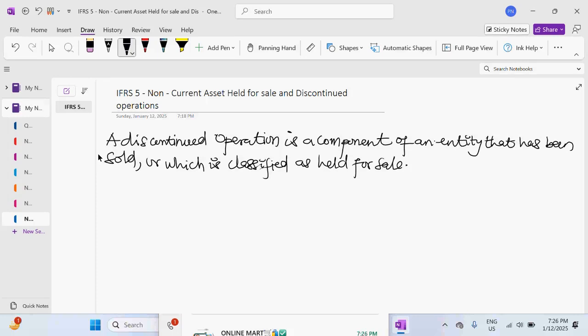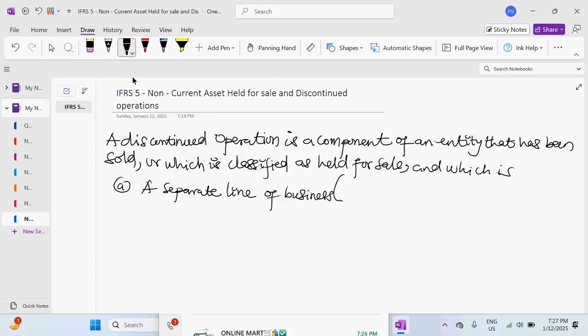A component held for sale, and which is a separate line of business.